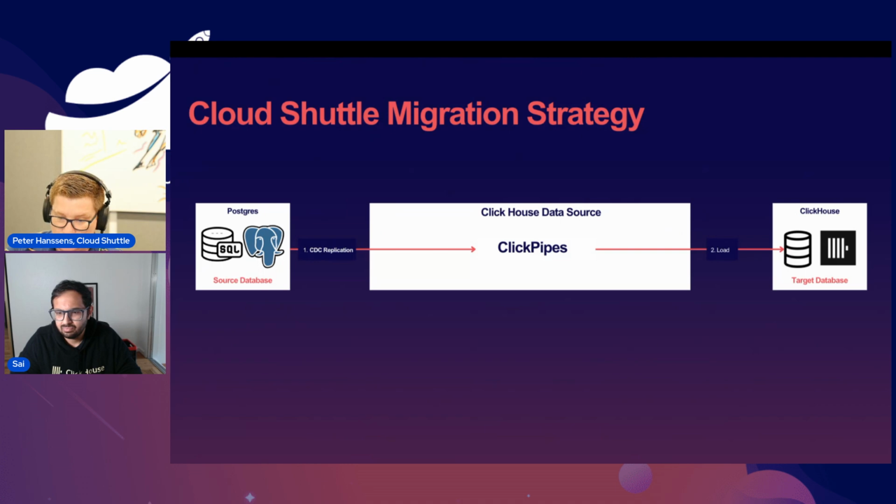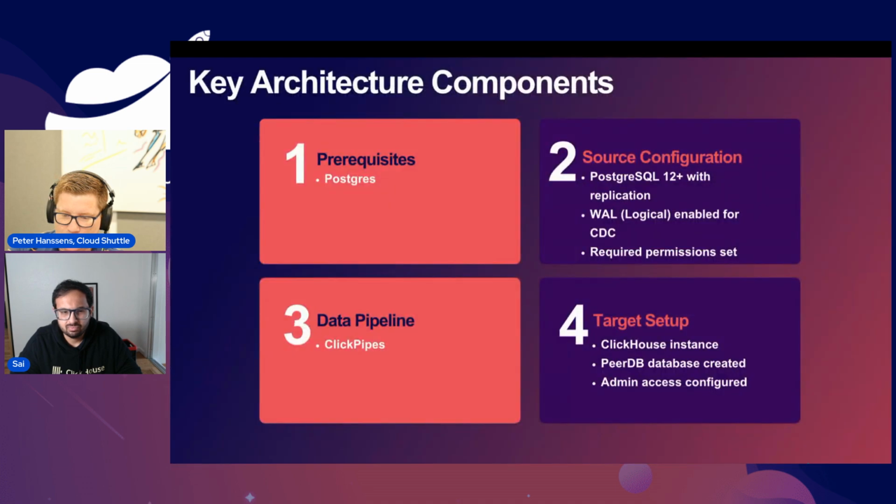In short, the migration architecture looks like this: from Postgres, leveraging ClickPipes on ClickHouse Cloud, and then straight through to ClickHouse. Here you can see the key architecture components, such as the prerequisites, source configuration, data pipeline, and target setup.